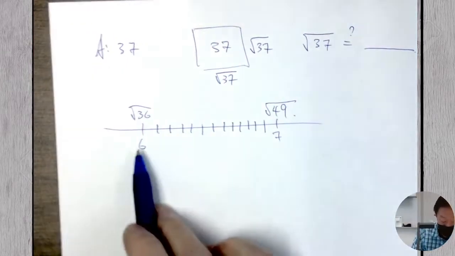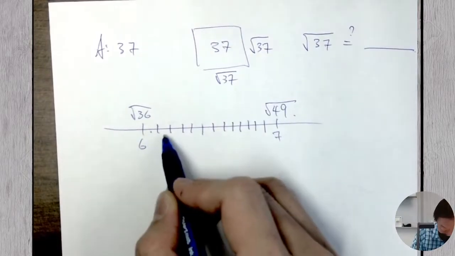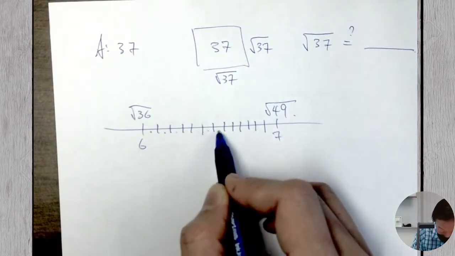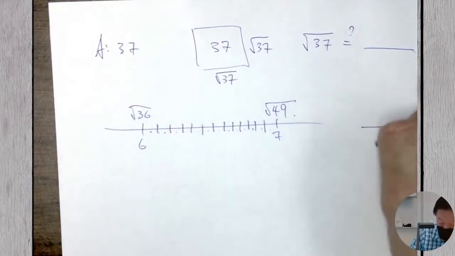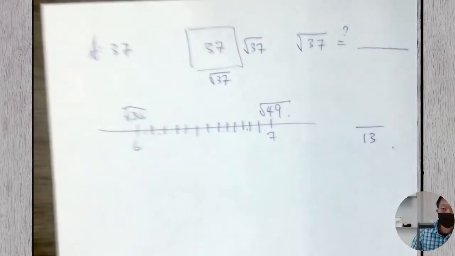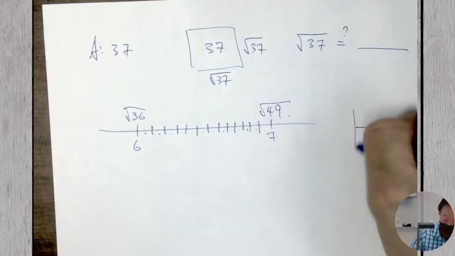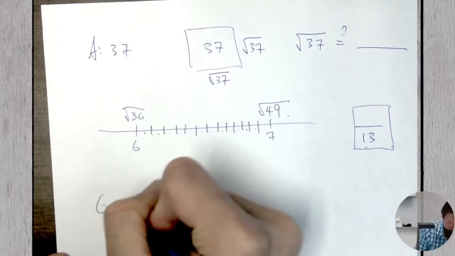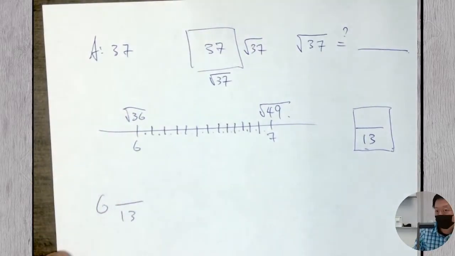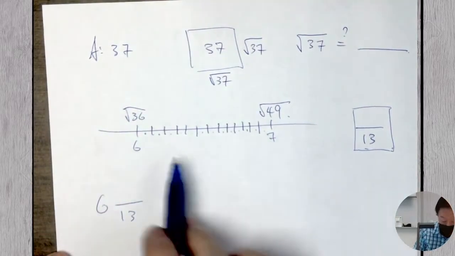All right, so let's count how many chunks we have. 1, 2, 3, 4, 5, 6, 7, 8, 9, 10, 11, 12, 13 chunks. I'm going to write a fraction here representing 6 and something over 13. 13 steps, all right?